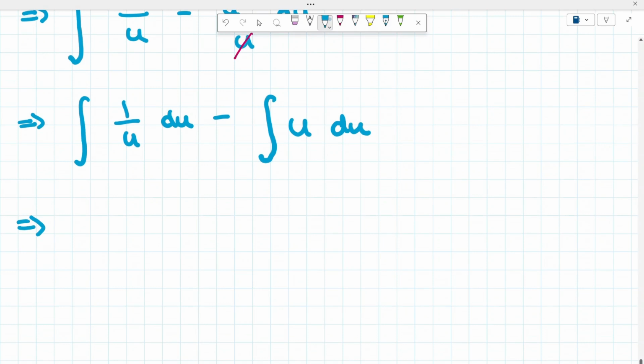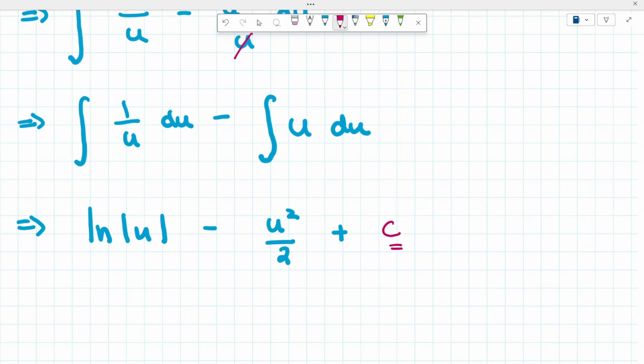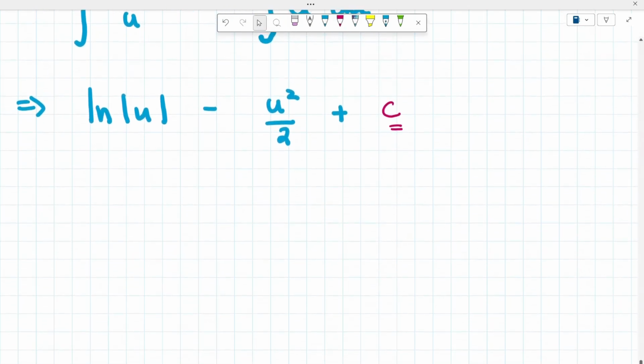So the integral of 1 over u is ln u, and then we have to now subtract the integral of u, which is u squared over 2, and then we have to remember our very important plus c value because this is an indefinite integral. But we're not done yet.